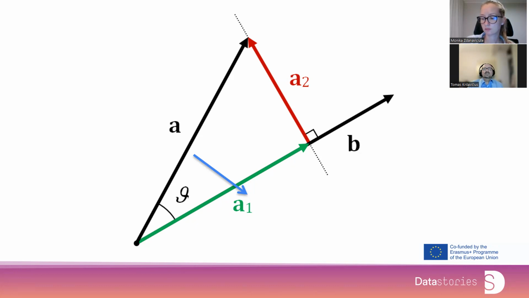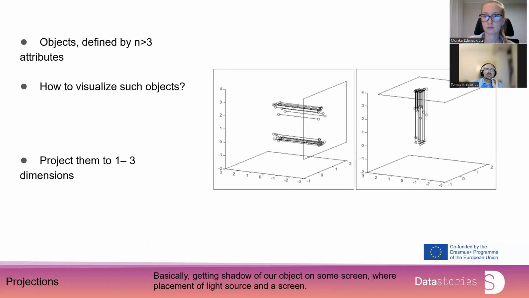Let's say that even in a simple two-dimensional case, for example, we have line A and we want to project it to line B. What we can do is a very direct projection, and A1 would be the direct projection of A on B. That is what it means. But here we are going to look at a higher number of dimensions and more complex data.